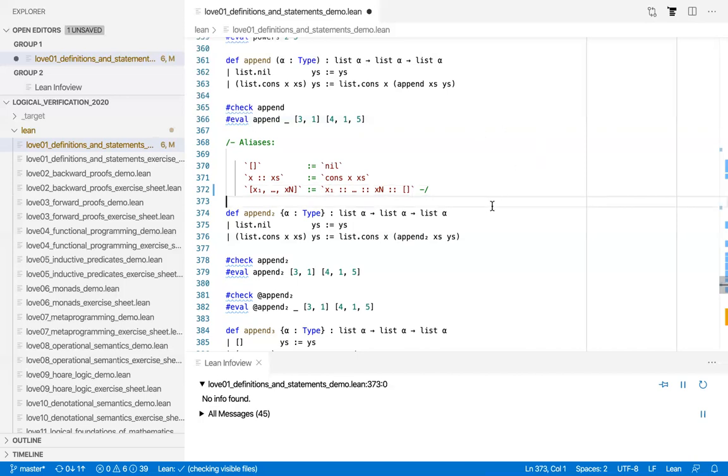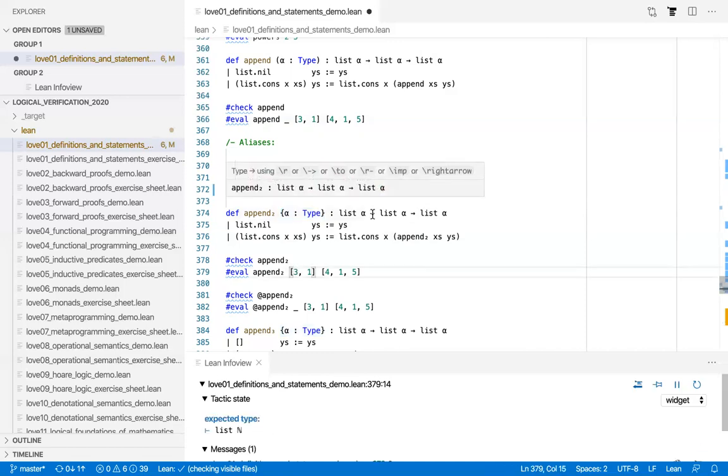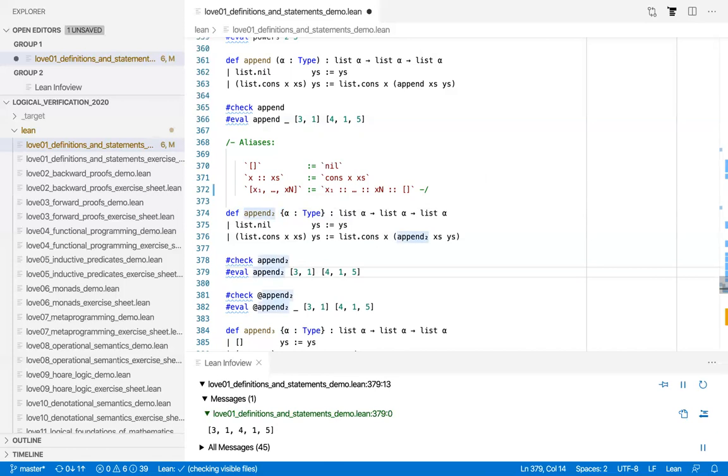And here's a slightly different version where we use curly braces around the type argument. That tells Lean to make it an implicit type argument. That means we don't need to specify it all the time. We don't need to put the underscore, right? So if you look at the example here, there's no underscore anymore.